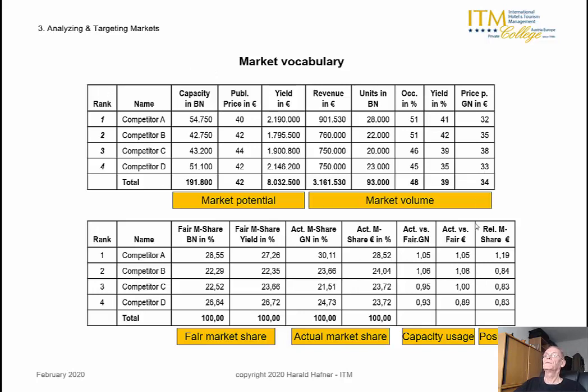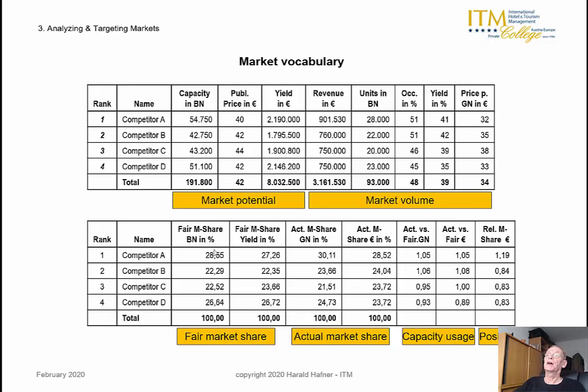And now if we take a look at the second table, which calculates the market shares, the different concepts of market share should be well known to you, and therefore we're going to start out with a fair market share.